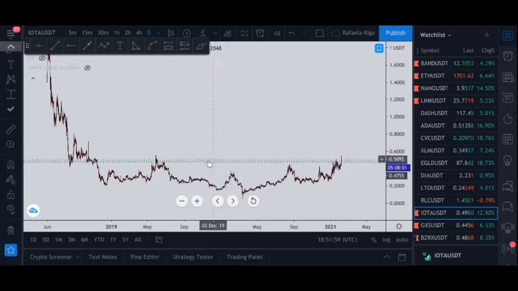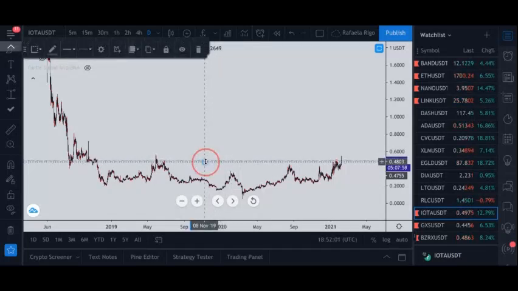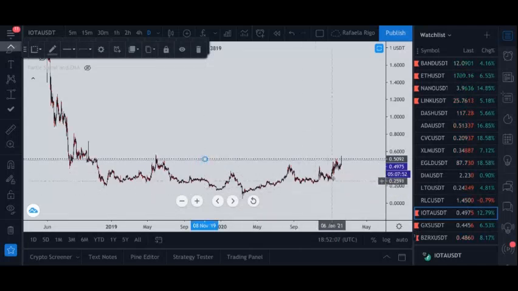So if I move this higher there, I am missing this pointy here. I am missing this one here. I am missing this.